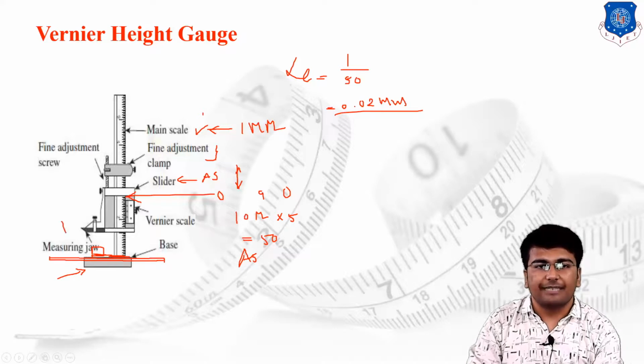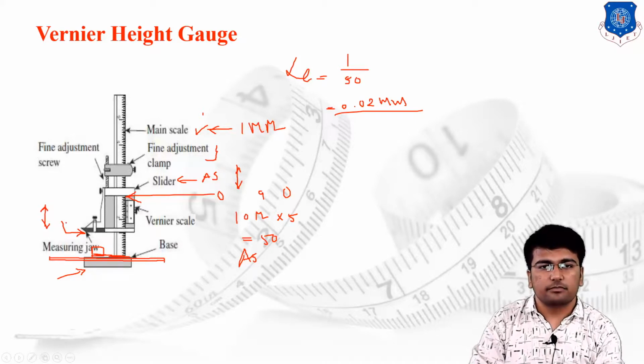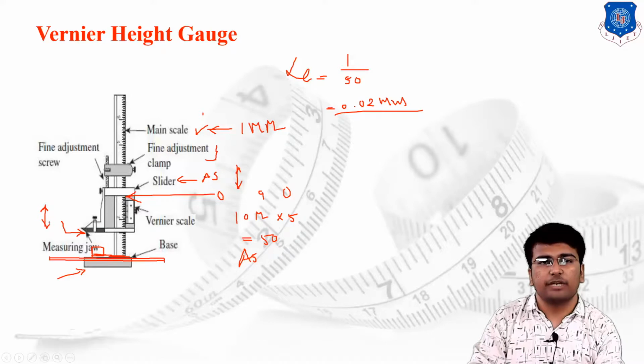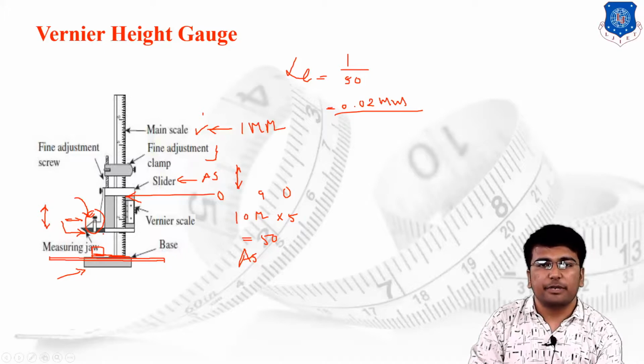Then a measuring jaw has been provided, which moves up and down, and some sort of jaw has been extended on the outside. An adjustable pin has been provided over here. By using this particular pin, you can remove the measuring jaw and replace it.